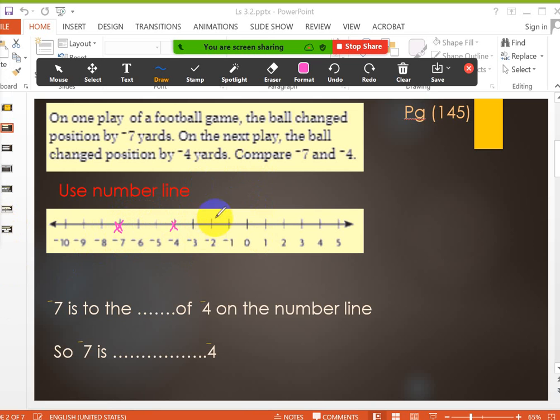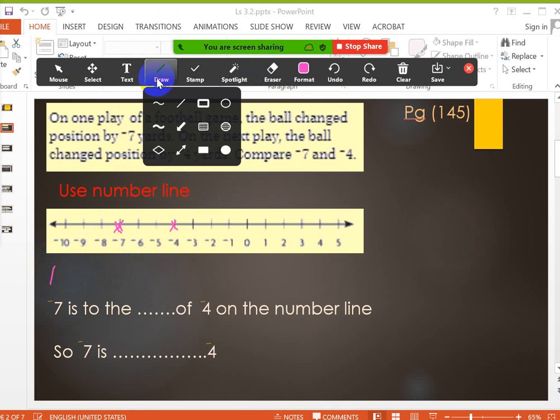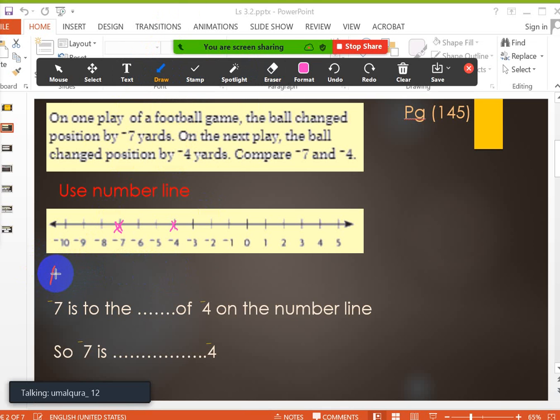And you remember on the number line, when we move from this point into the right side, in this direction, the numbers become greater, right? When we move from the left side to the right side, the number becomes greater.